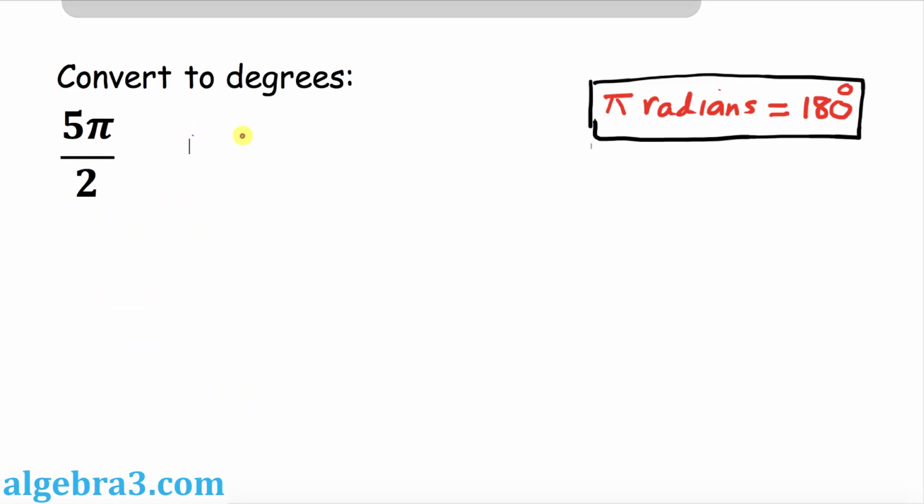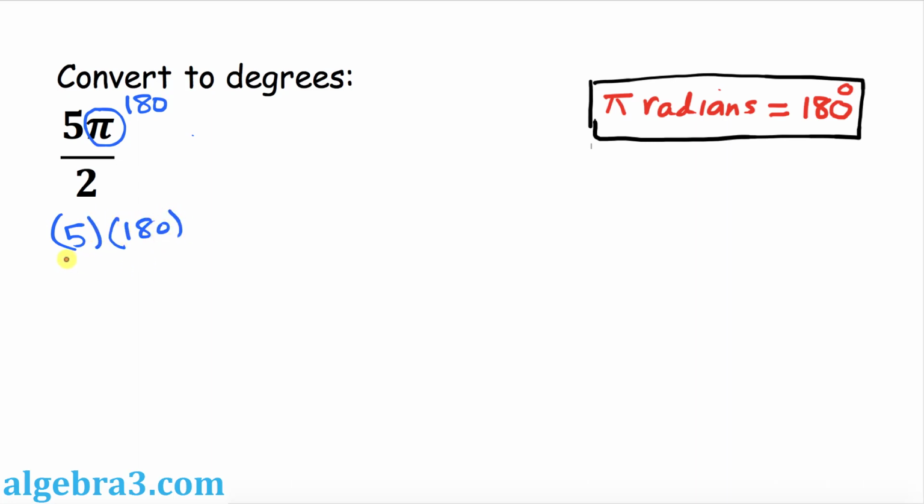And finally, in this example, we have 5 pi over 2, and we want to convert to degrees. So once again, as you see, pi radians equals 180. Wherever you see pi, you replace it by 180. So that simply becomes 5 times 180 divided by 2.